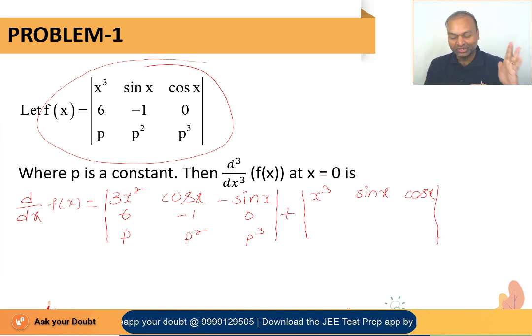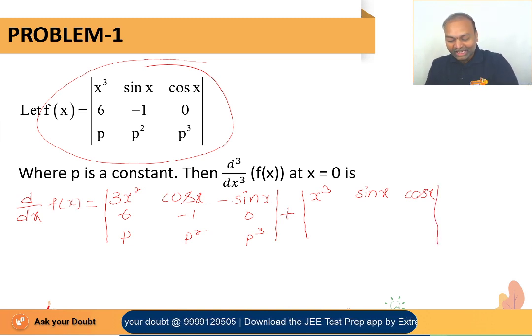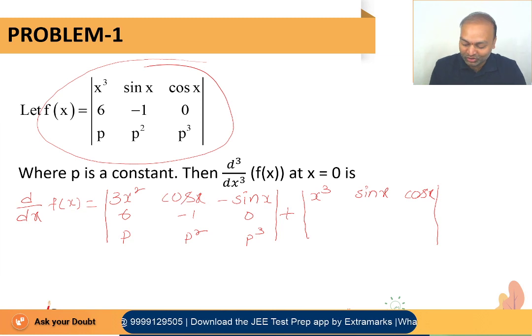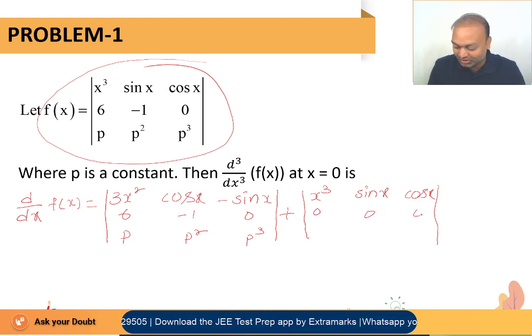Second row differentiation: see here, in the second row all values are constants. What about the constant derivative? 0. So I am writing 0, 0, 0. Third row as it is, I am writing. Third row values p, p square, p cube.